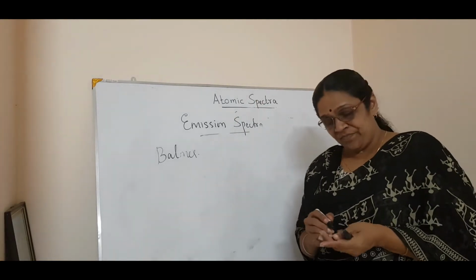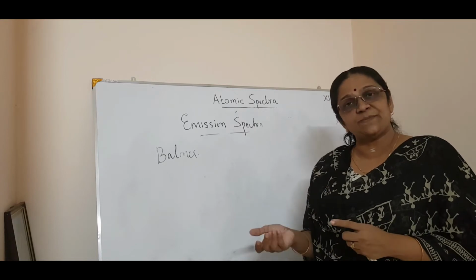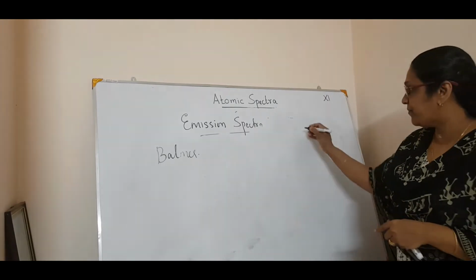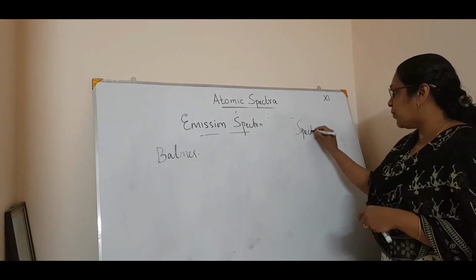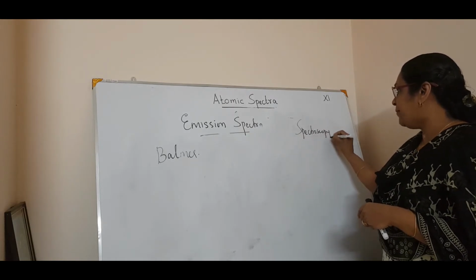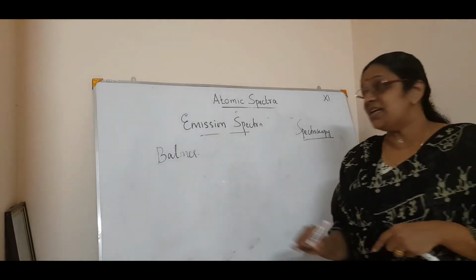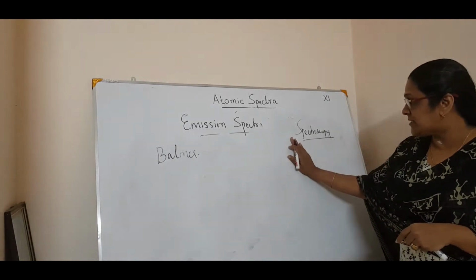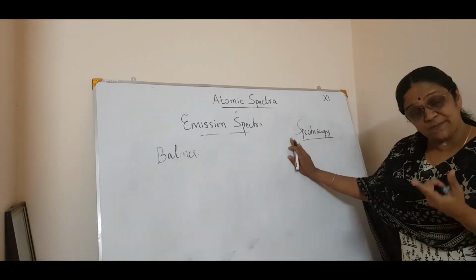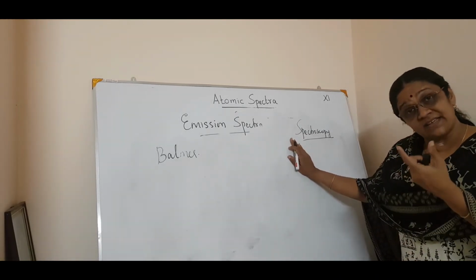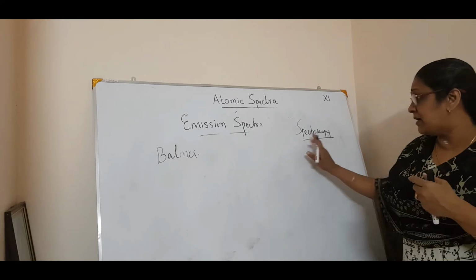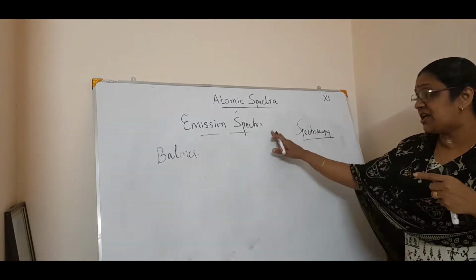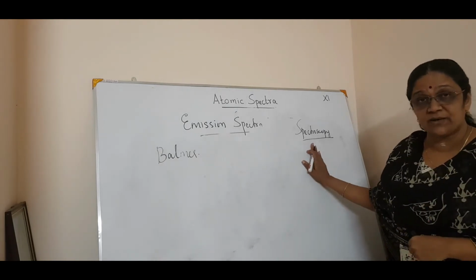That reminds me, the study of this emission spectra and absorption spectra is called spectroscopy. It is again a branch of chemistry. Molecular spectroscopy, NMR spectroscopy, nuclear magnetic resonance spectroscopy, so many are there inside this spectroscopy. So the study of emission and absorption spectra is called spectroscopy.